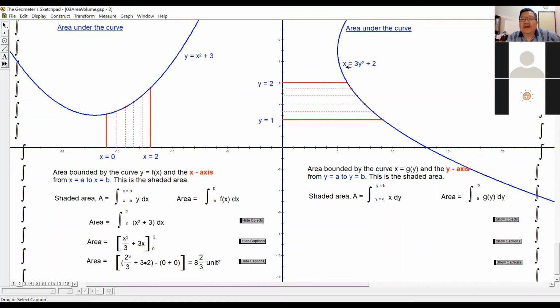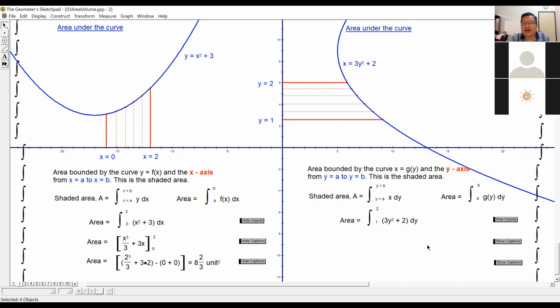The equation of the curve is x equals 3y squared plus 2. So x is the subject of the formula, and the others, they are in terms of y. Okay, and the upper and lower limit comes from the y-axis. You project from the y-axis, y equals 2 and y equals 1. Okay, right. So how to find this area, right?